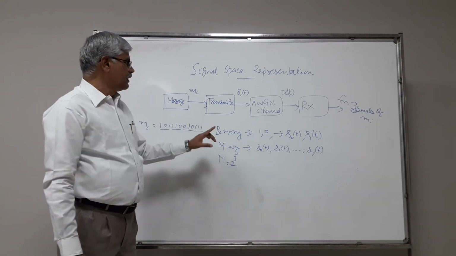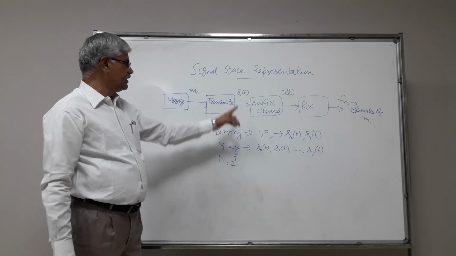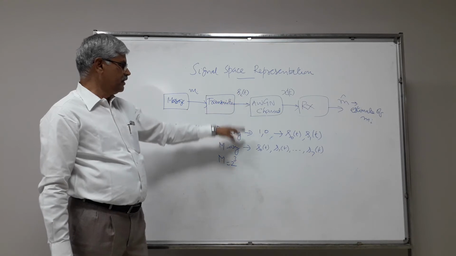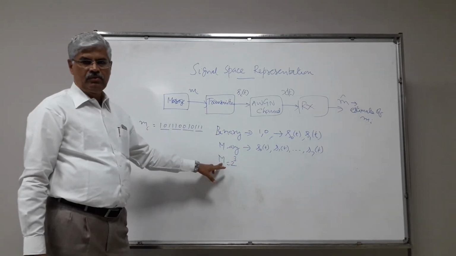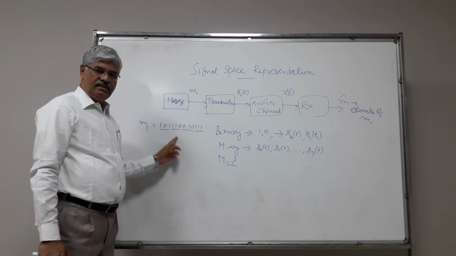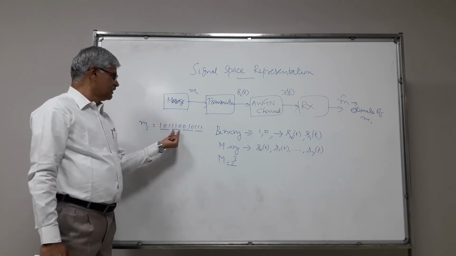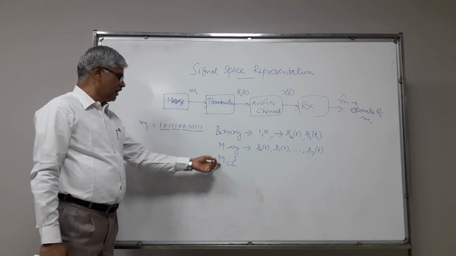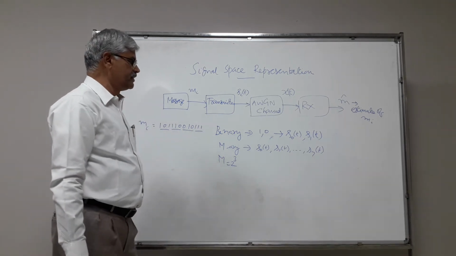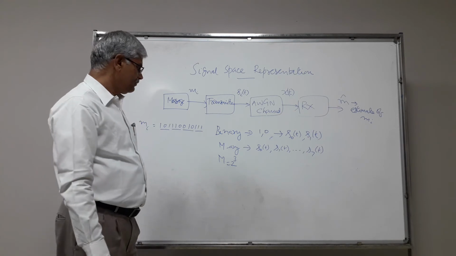But we are in general saying there could be some Si, and M can be any value. So M signals are required even for binary information like this. We will consider it to be a set of symbols. Therefore, M is more than 2. That will be decided by the requirement.